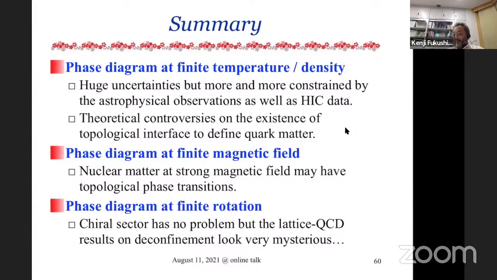And the finite magnetic field business is more or less very well understood. But the finite rotation situation is even more controversial, and the lattice and all the successful models are actually inconsistent. I have no idea how to resolve this inconsistency, which means that this is a big theory challenge, and so we are all excited. Thank you very much.